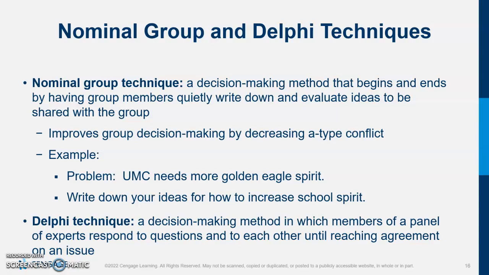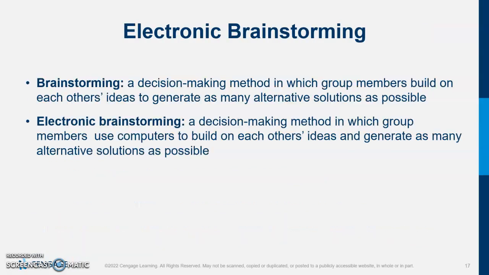The Delphi technique is a method where members of a panel or experts will answer questions until an agreement is reached. And then you can also use electronic brainstorming, where members use electronics to generate ideas. Actually, as you know, brainstorming can also be done in person or it can be done in an electronic manner.